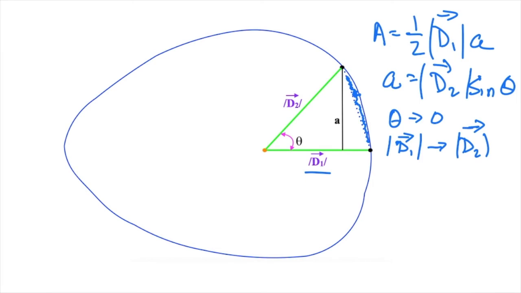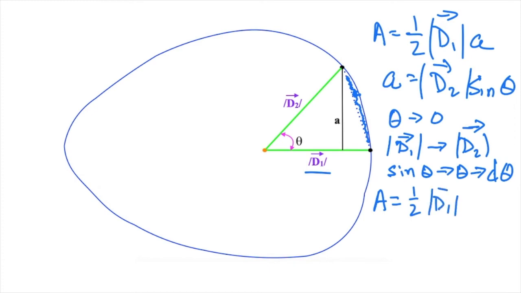And sine theta approaches theta, which, as it approaches the limit of 0, we refer to as dθ. So our formula for the area becomes 1/2 d1 times d2 sine theta, or excuse me, just simply dθ.